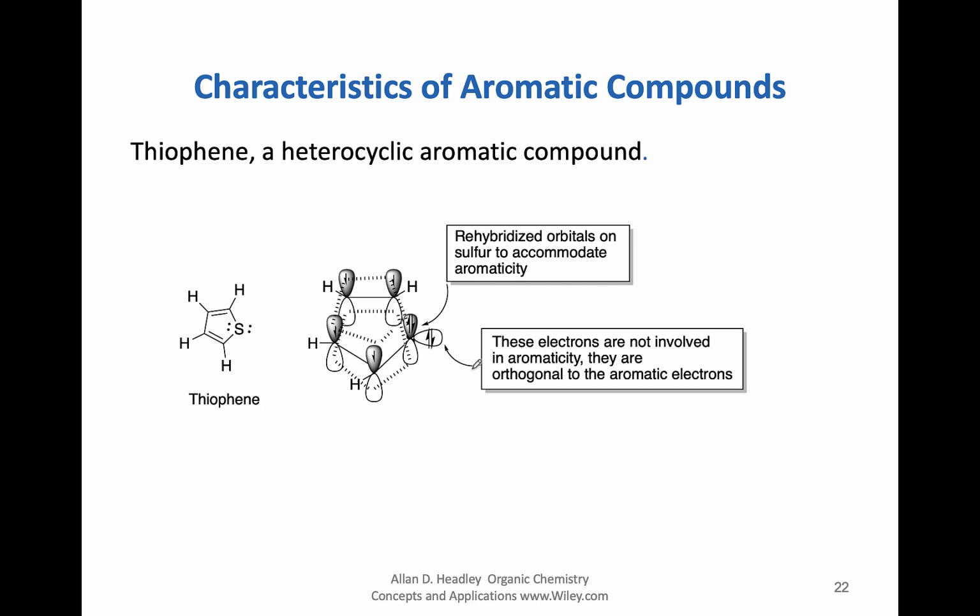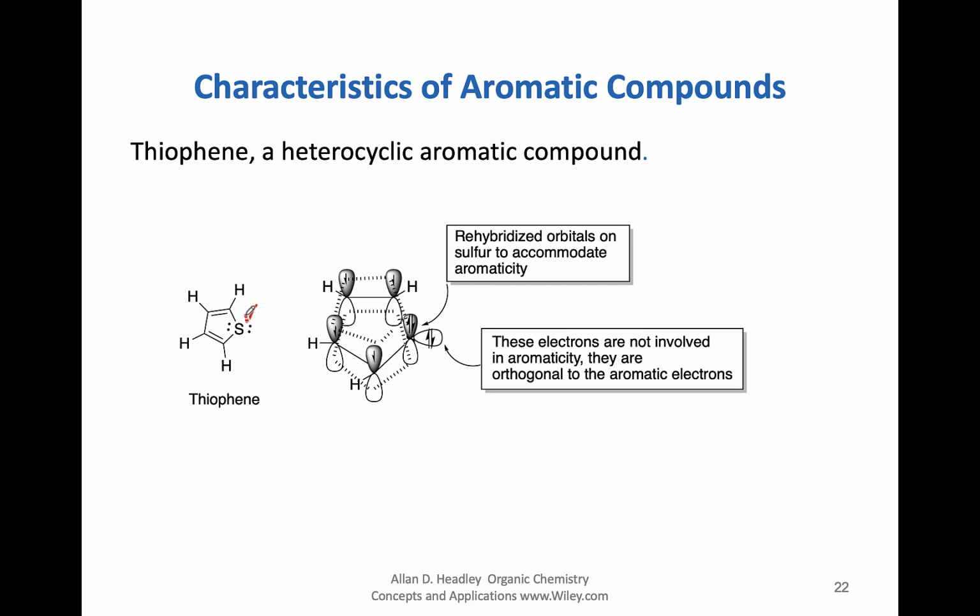Let's look at a last example that has a heteroatom, sulfur. Much larger, but it still has a pair of electrons and another pair of electrons. So we have 2, 4, and 6 electrons.